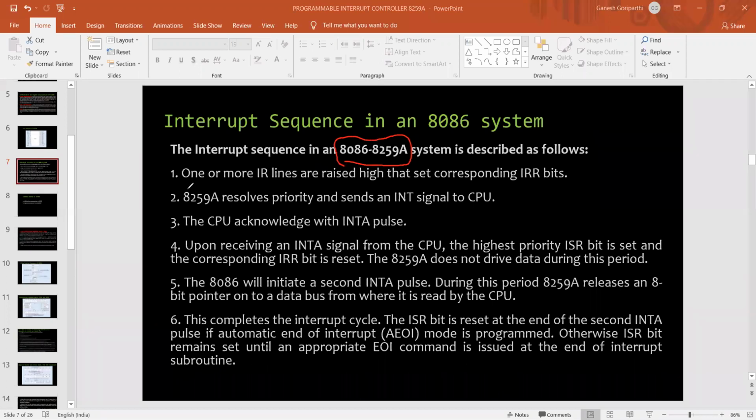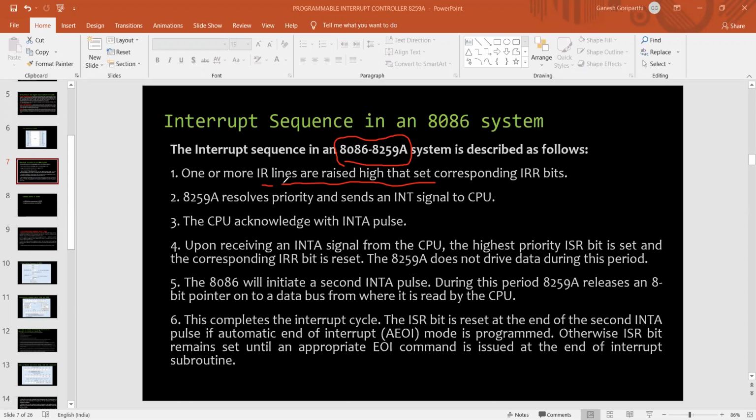The first thing is that one or more IR lines are raised. IR lines are interrupt request lines, IR0 to IR7. When raised high, they set the corresponding IRR bit. So from the different peripheral devices that we have connected, we receive one or more interrupt requests.